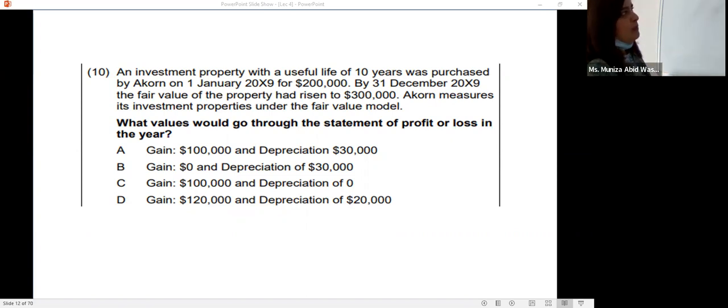Okay. So the fair value of the property had risen from $200,000 to $300,000. It means that $100,000 revaluation gain would be taken to statement of profit or loss.